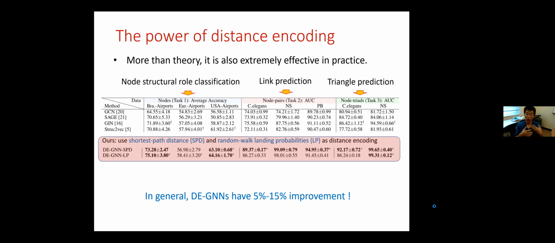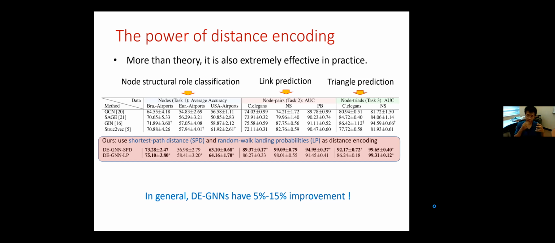All right, we also evaluate this DGN in a more extensive way over some real networks. We evaluate over three different tasks, including node structural role classification, link prediction, and triangle prediction, and these three applications require us to learn the representations of single nodes, node pairs, or node triads, respectively.